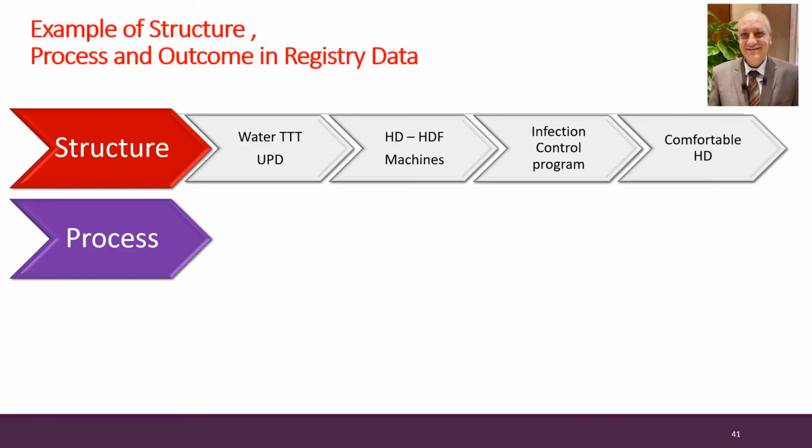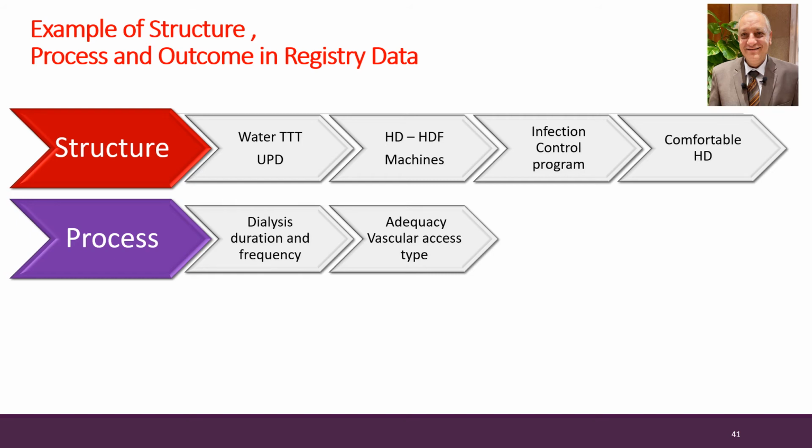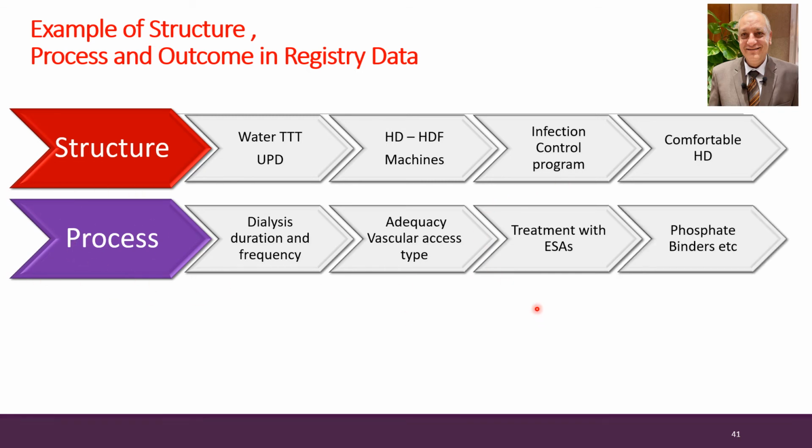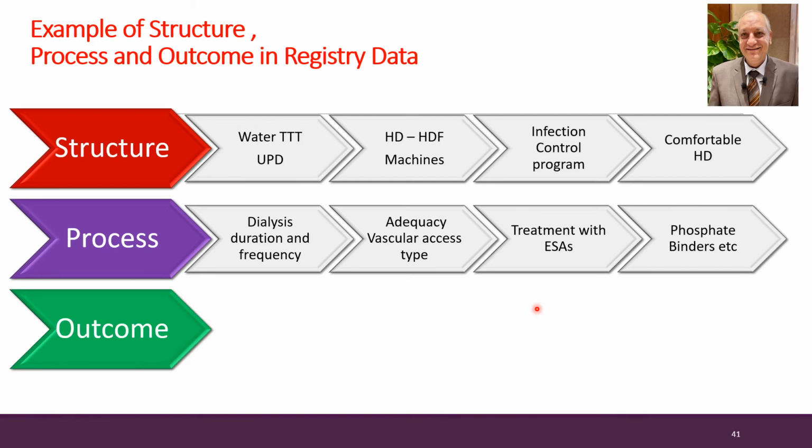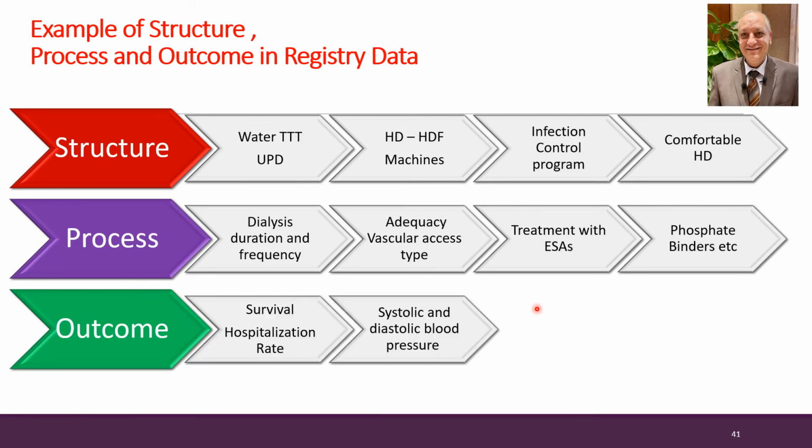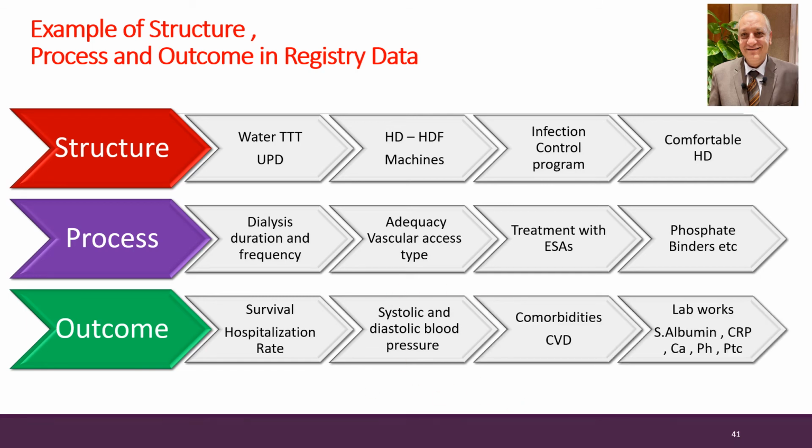So structure is important in a dialysis unit, like water treatment, hemodiafiltration machines. Process, how much you are giving the patient the care, treatment with proper ESA to give the target hemoglobin is one of the major processes. Phosphate binders, and the outcome, survival, hospitalization, comorbidities, heart failures, for example, inadequate dialysis or inadequate medications, comorbidities, and laboratory work.